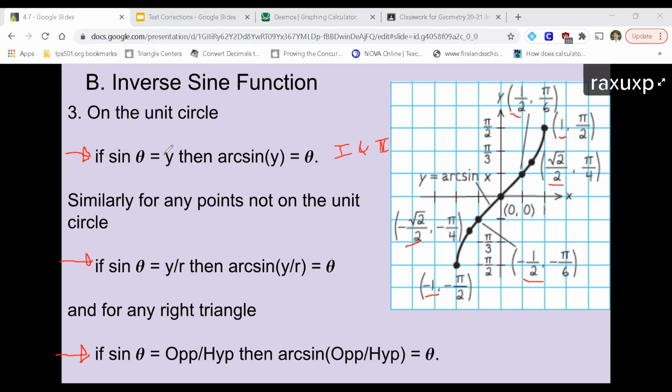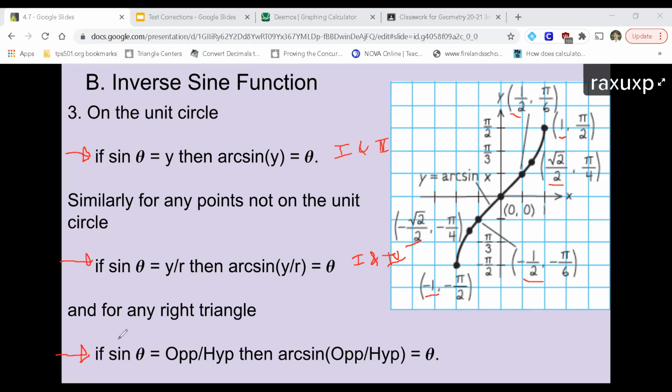Similarly, if your points are not on the unit circle, so if the sine of your angle gives you a ratio of y over r, then what the arc sine does is it takes that ratio of y over r and it will give you an angle. Again, only angles in the first and fourth quadrant, between negative π/2 to π/2.